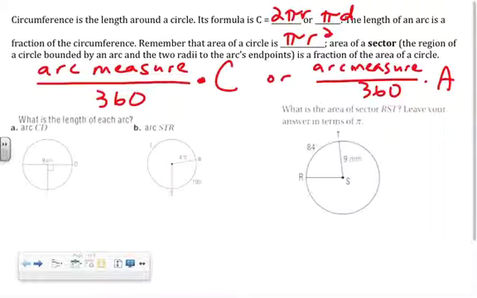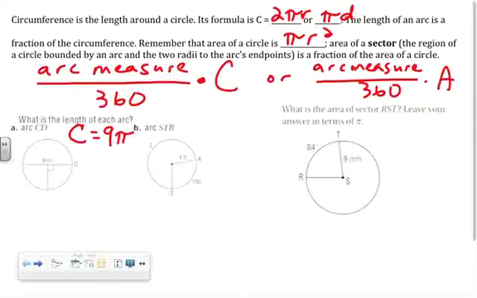Okay, so in parts A and B, where I'm asking you for the length of each arc, we could find the whole circumference first. The circumference in part A, since they've given us that the diameter is 9, is 9 pi.